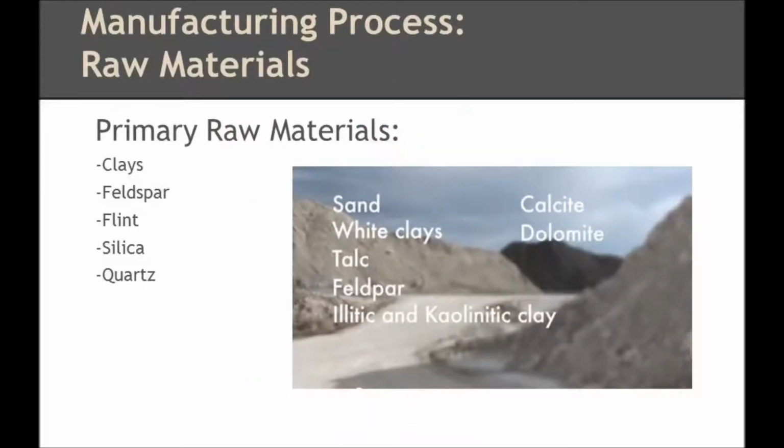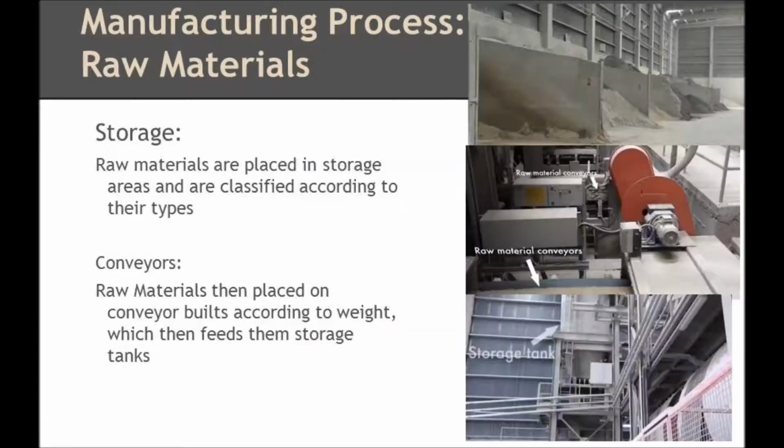Now, the first step to the manufacturing process is the raw materials, the primary raw materials that we get from Mother Earth, that include clay, feldspar, flint, silica, quartz, and even in some cases talc, white clays, calcite, dolomite, and even sand. Furthermore, the raw materials are then moved inside the factory where they are kept inside storage units, and in these storage units, the raw materials are classified according to their types.